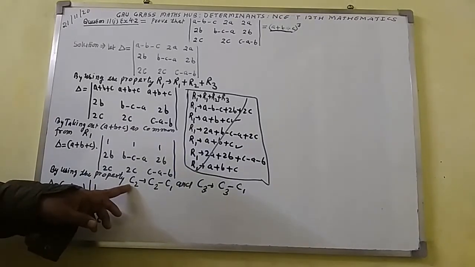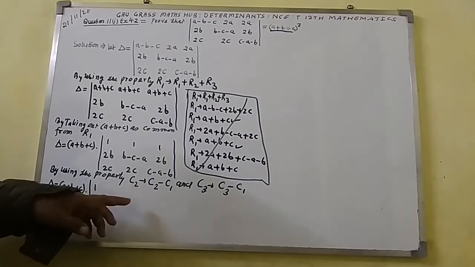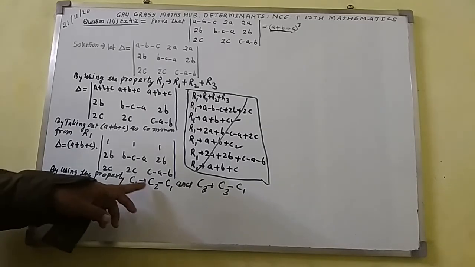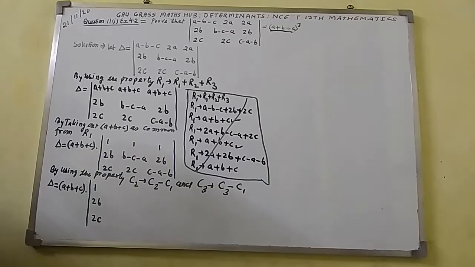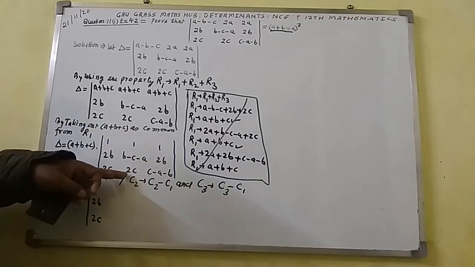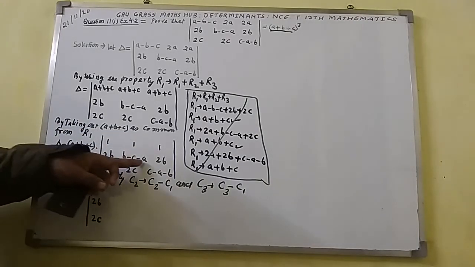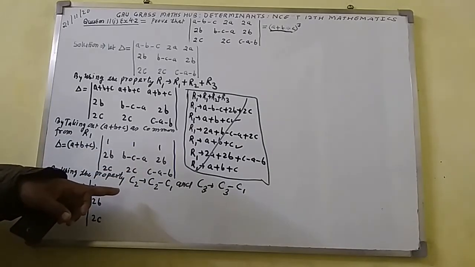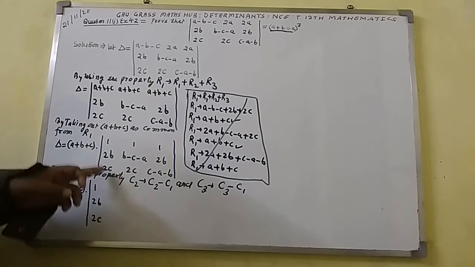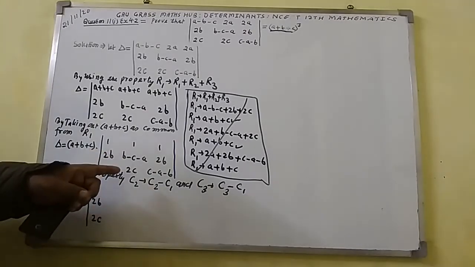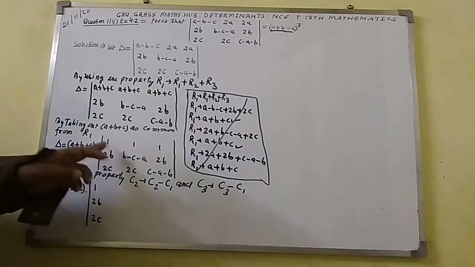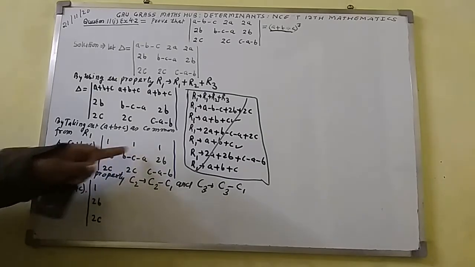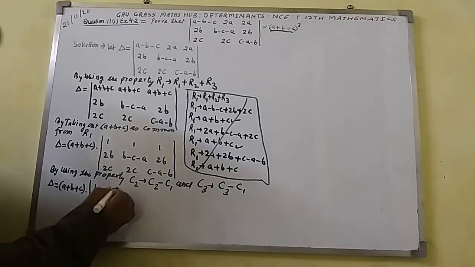For the elements of the second column, I shall use this property C2 goes to C2 minus C1. So these are the elements of C2: 1, B minus C minus A, 2C. From the second column, the first column will be subtracted here. So here 1 is there. This 1 minus this 1 gives 0.